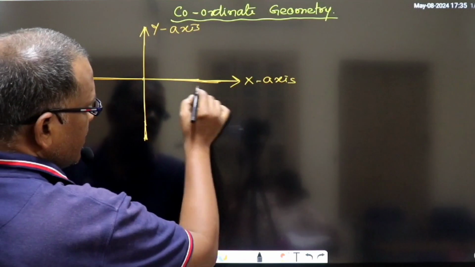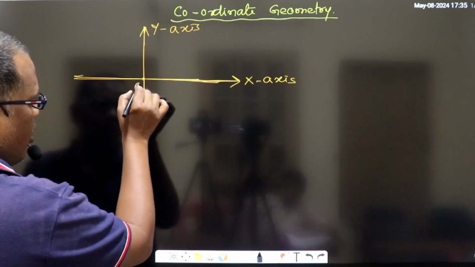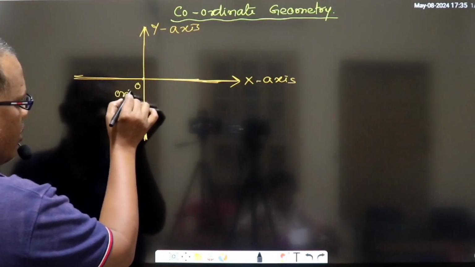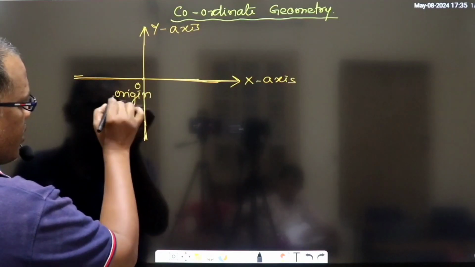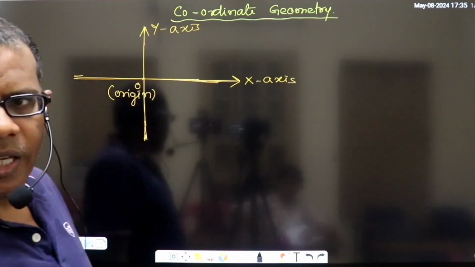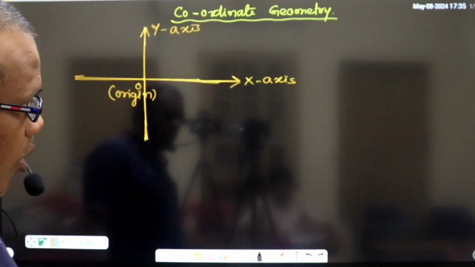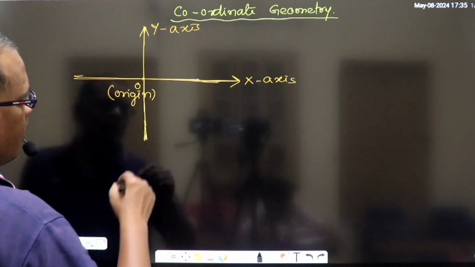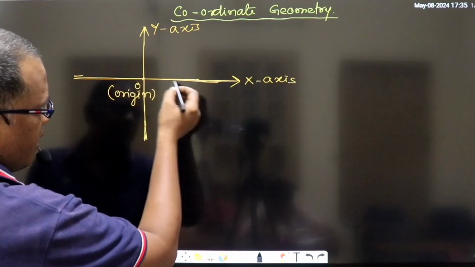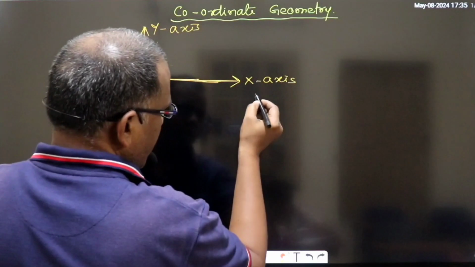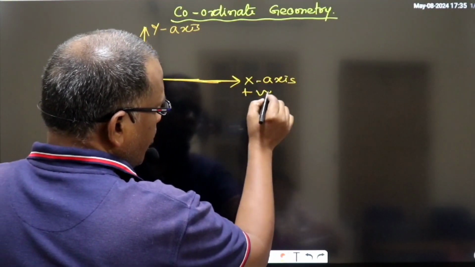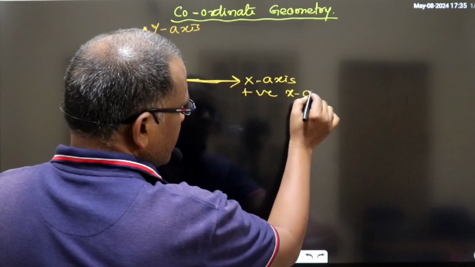This point is called origin. The point of intersection of the x-axis and y-axis is called origin. From origin, the right side part of the horizontal line is called positive x-axis.